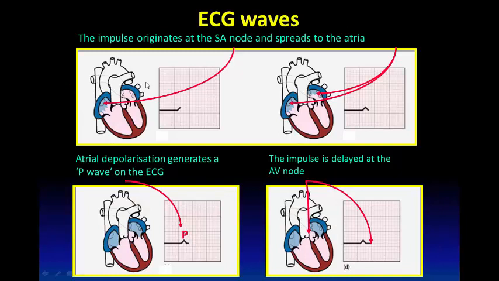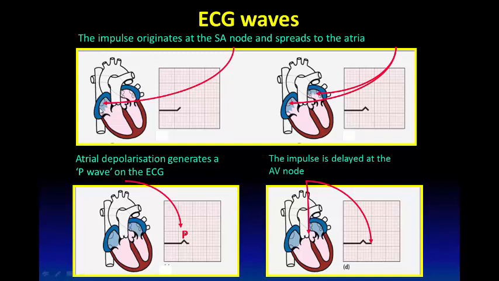So now we are recording AVL. We are placing the active electrode here at point VL, and we connect it to the positive end of the galvanometer, and the reference electrode is kept at 0 and connected to the negative end of the galvanometer.